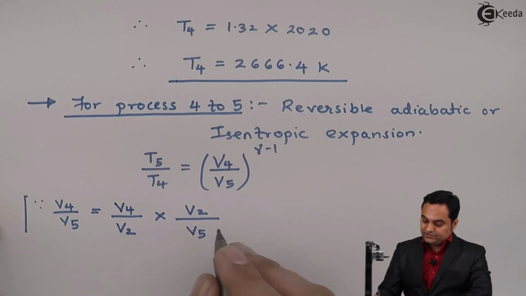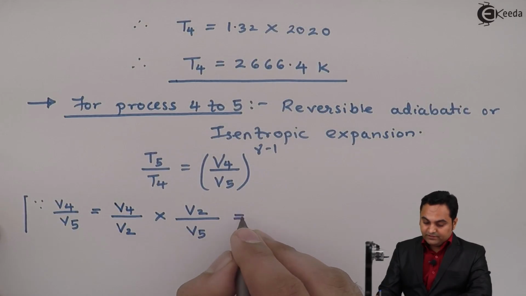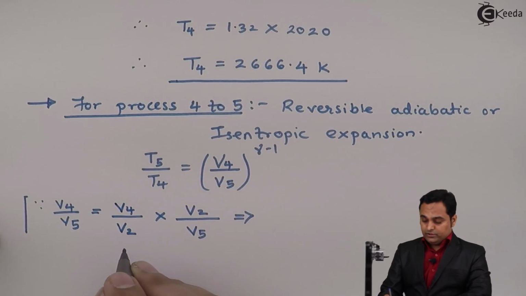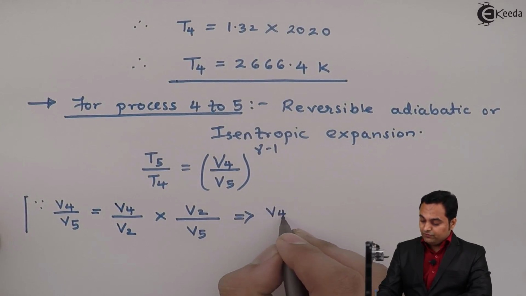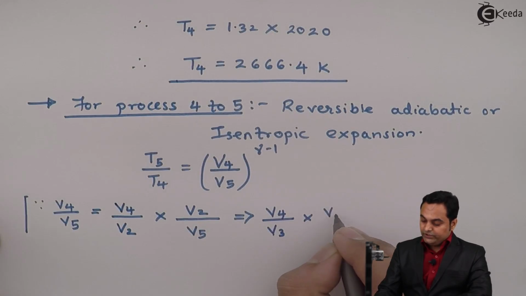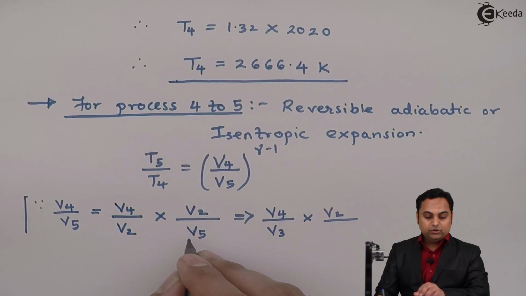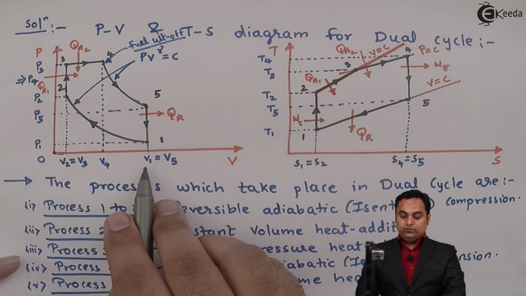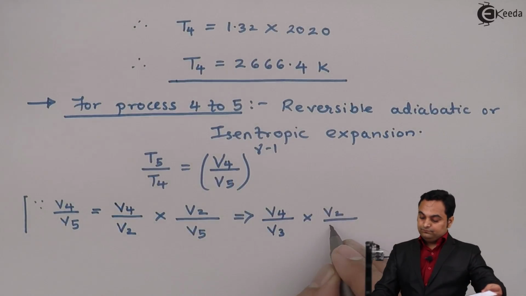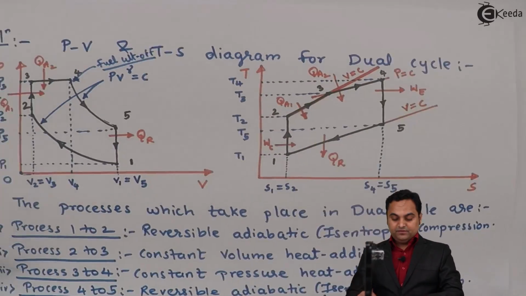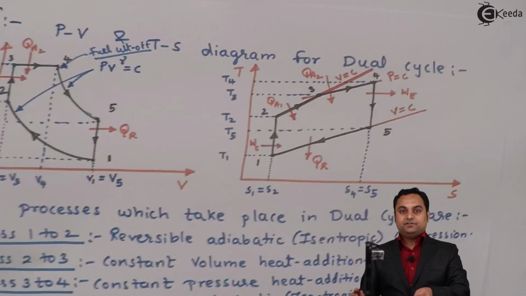Since V2 is equal to V3, V4 upon V3 into V2 upon, instead of V5, I can write V1, and instead of V2 I have written V3 because the volume was constant.